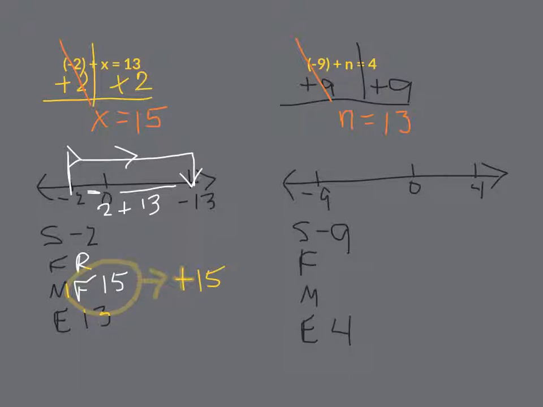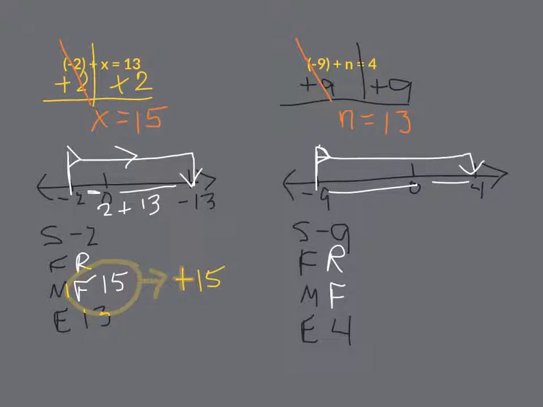And then we start at negative 9. That's right here. We're adding, so we face to the right. I'm going to now move towards the 4, which means I'm moving forward, which is where I'm going to end. How far did I move? I need to look at these two distances.